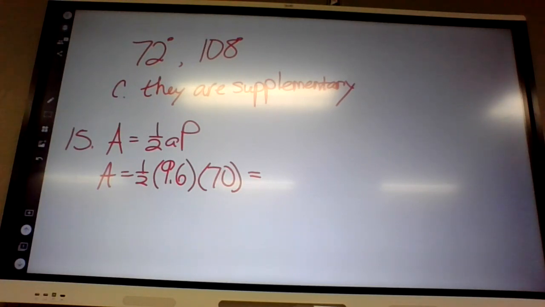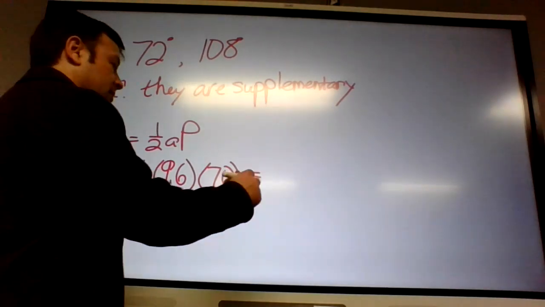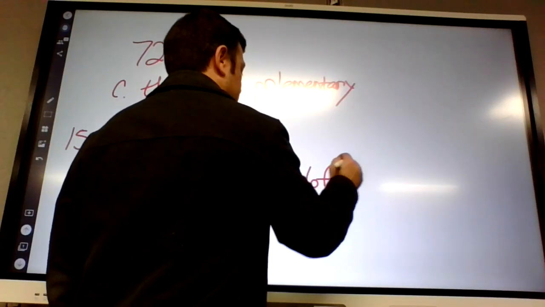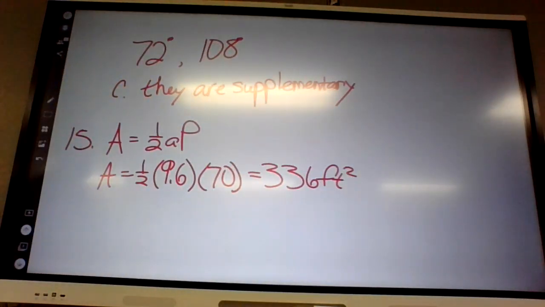You could in your head be like half of 70 is 35, so it's just 9.6 times 35. Make your life a little bit easier. But this one comes out as 336 square feet.